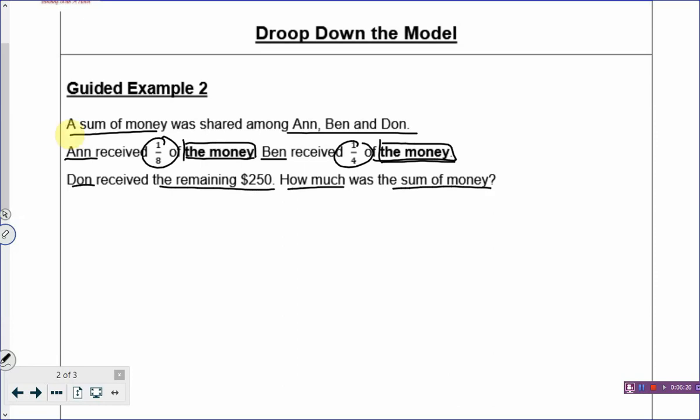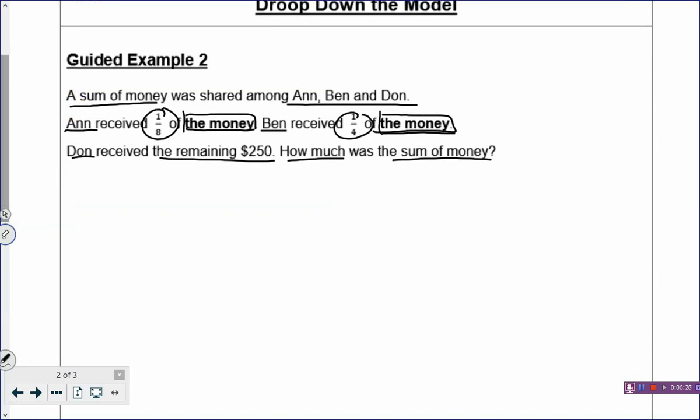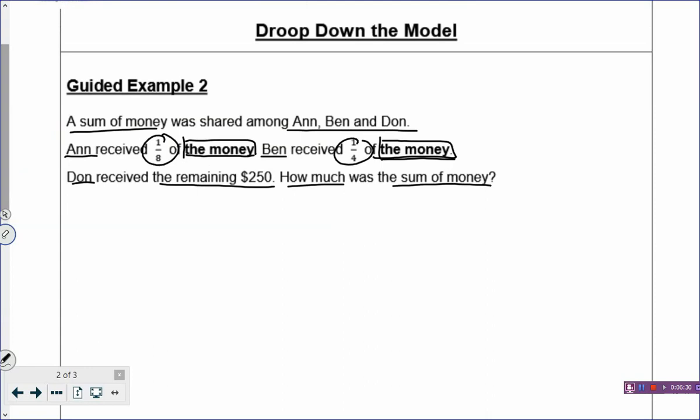Now there is another way to draw the model if you do not want to make the denominator the same. So let's draw the model, and then what do we do if we cannot cut? Okay, let's read the question. A sum of money was shared among Anne, Ben, and Don. So you draw a rectangle that represents the three persons, and then Anne received 1/8 of the money.